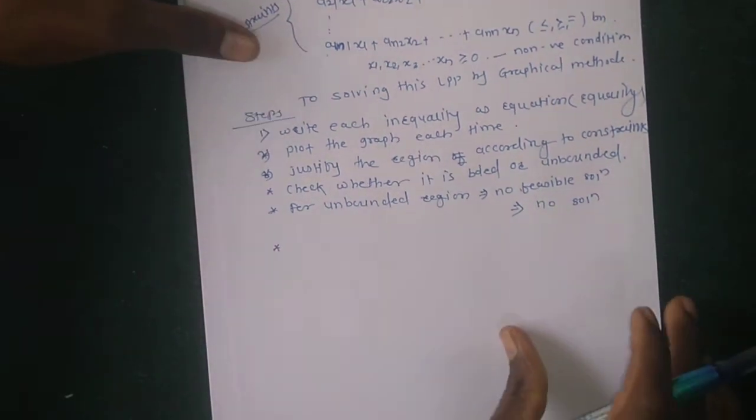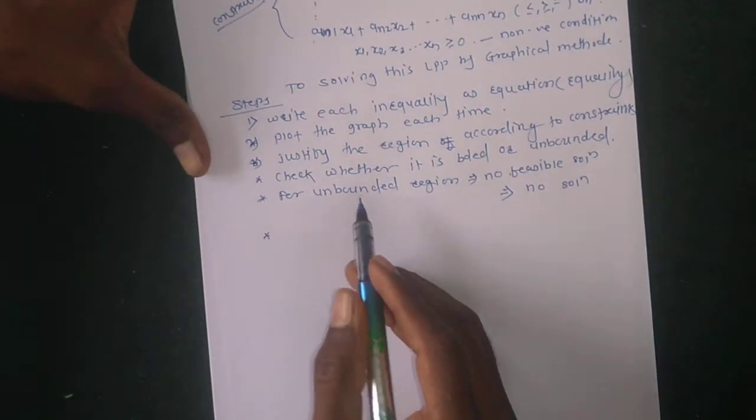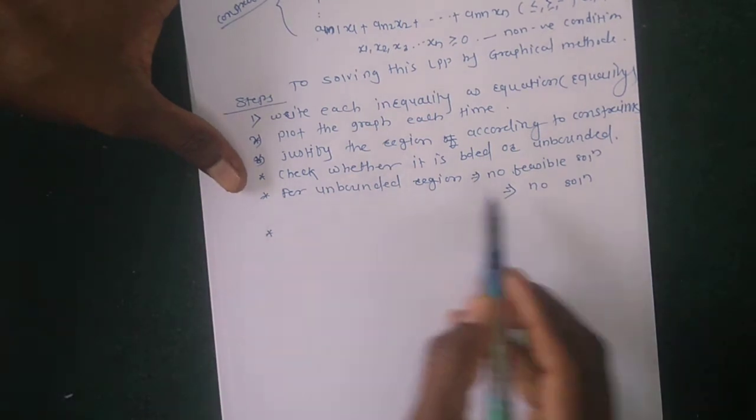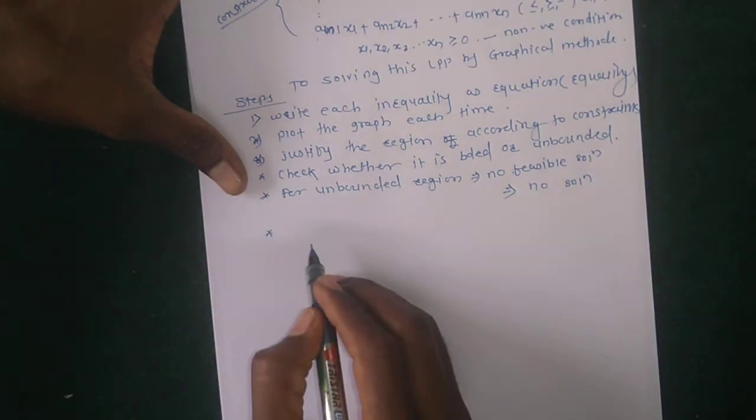If the graph of the region of the given constraints is unbounded, then we say that the given LPP has no feasible solution.